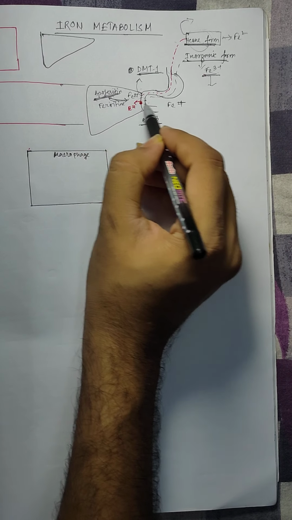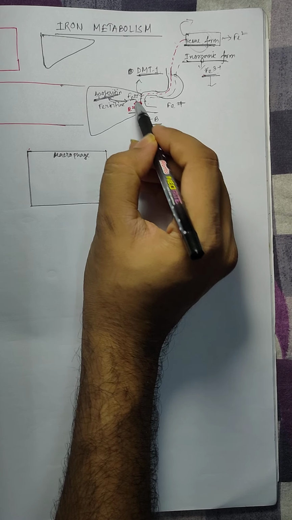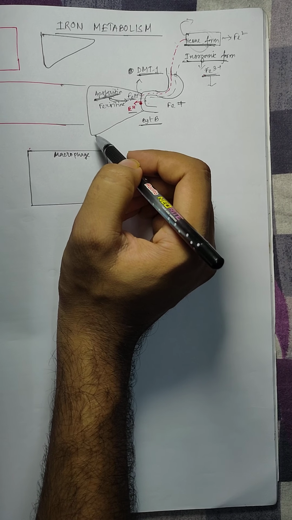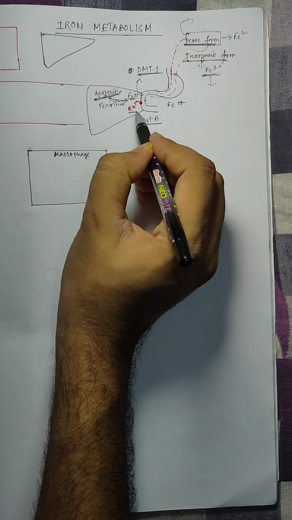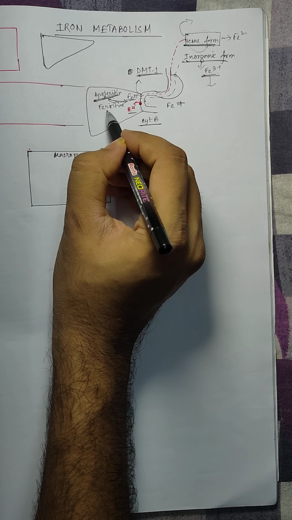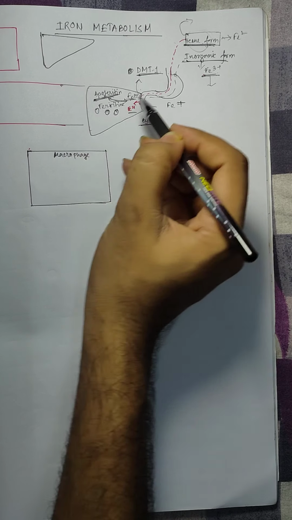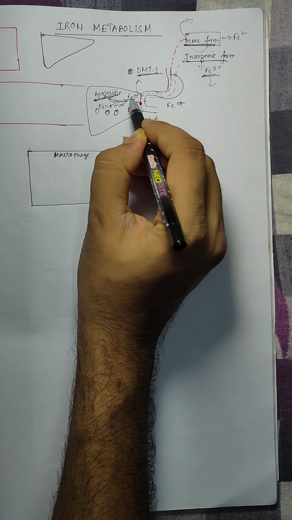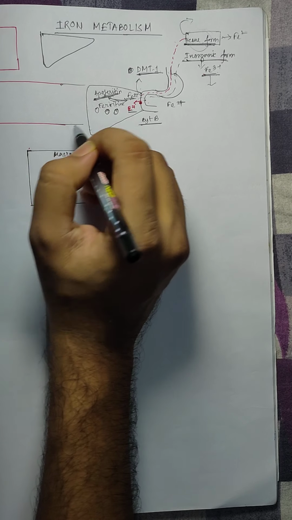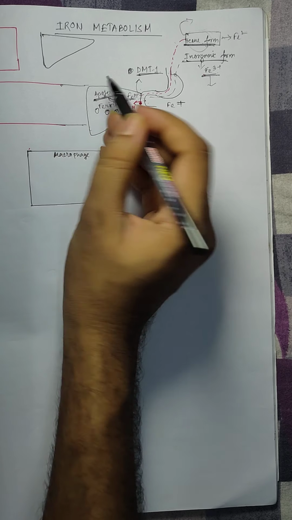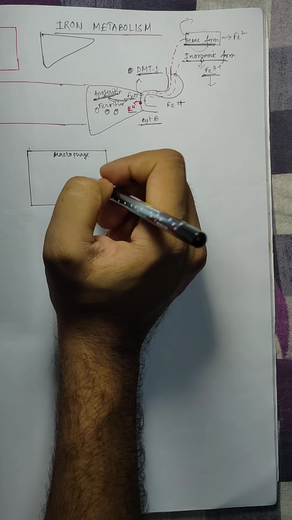Now look here, this Fe2+ binds with apoferritin, which is produced by this enterocyte, and this ferritin is like this. Okay, and some amount of Fe2+ is free here, right? So what happens to them?